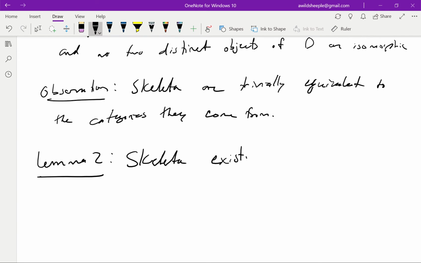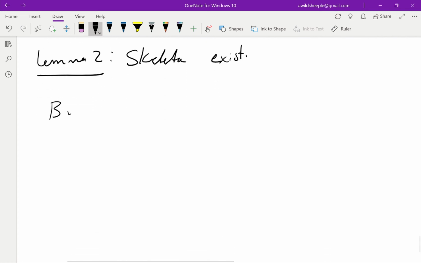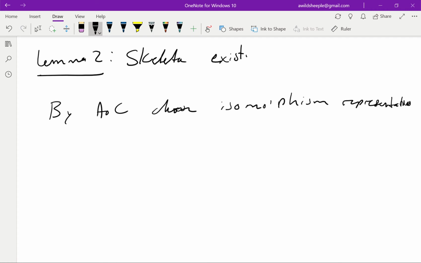And this is, again, a very simple argument using the axiom of choice. All we have to do is choose isomorphism representatives, as before. And then we take these choices of objects to be our skeleton.